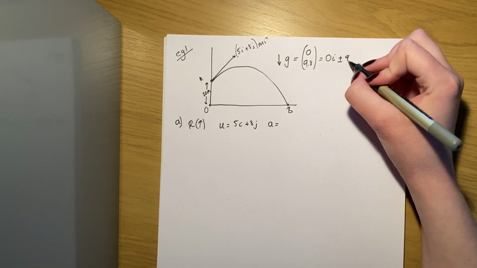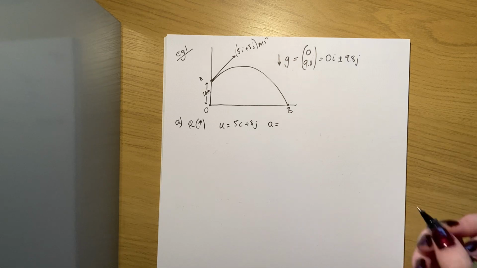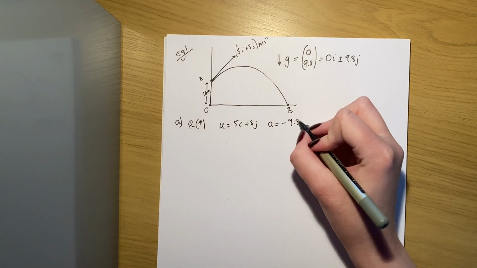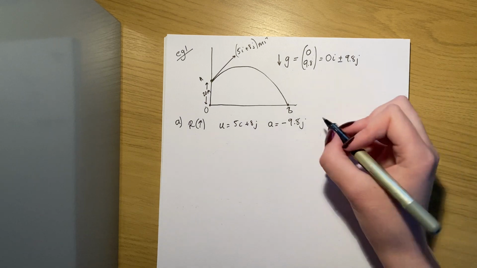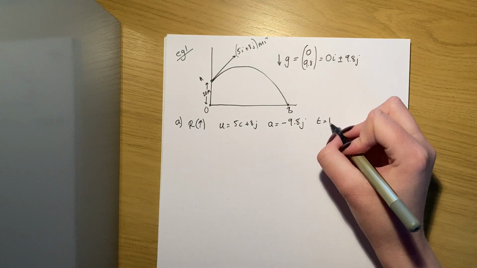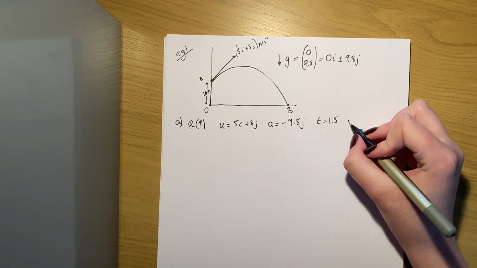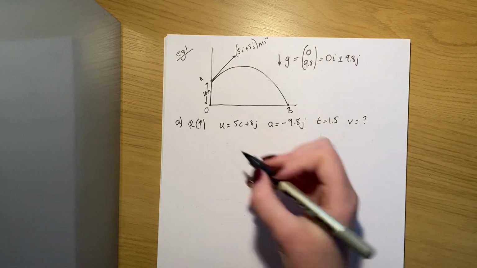Now, it's plus or minus 9.8 depending on your definition. Here it's going to be minus 9.8j. So it's minus 9.8 for every unit of j in that direction. We know that the time is 1.5 seconds and we need to find the velocity after that time.